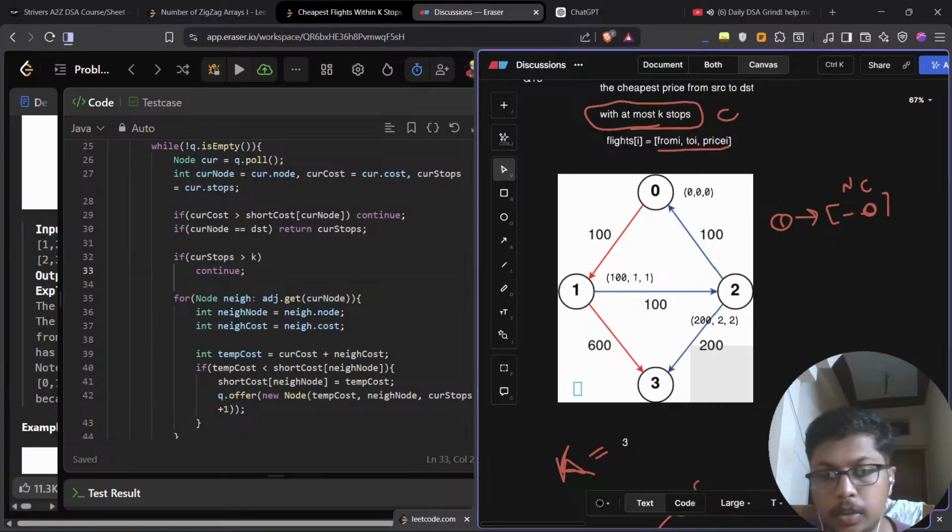When you try to explore this one, remember, since it's a destination, it would be directly returned. This would become 3.